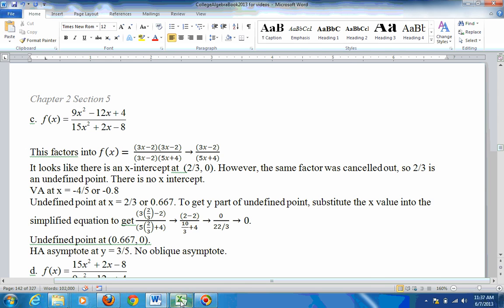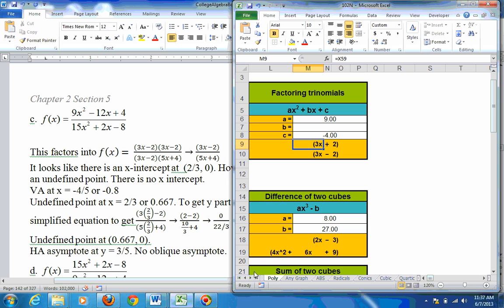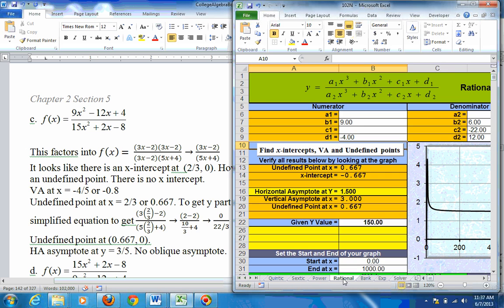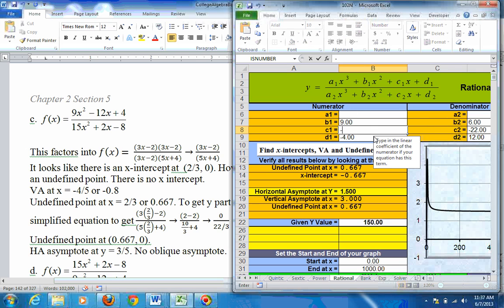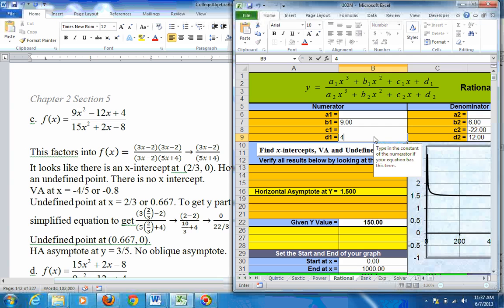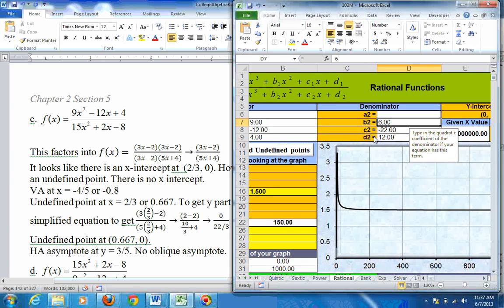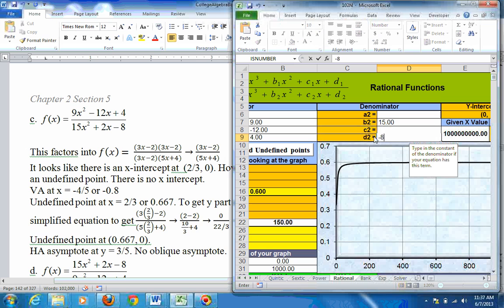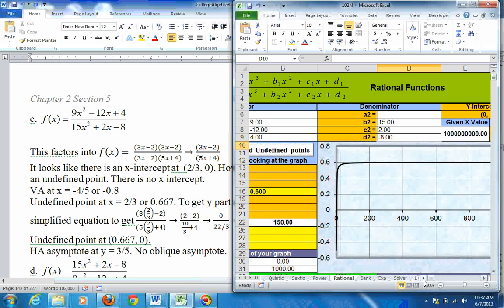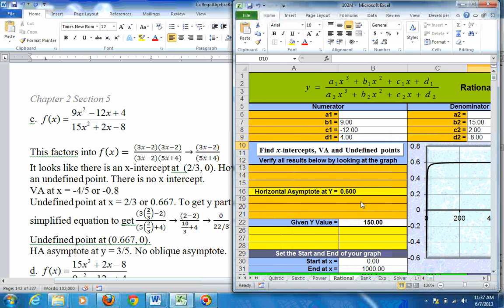And again, you can do this problem right off the bat on the rational sheet, just putting in your values, going down here, 9, negative 12, and 4, and then over here putting in the 15, 2, and minus 8. And when you do that, here's your horizontal asymptote automatically calculated at 0.6 or 3/5, same as what we had right there.